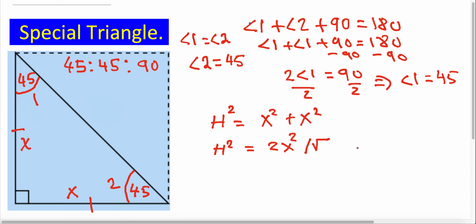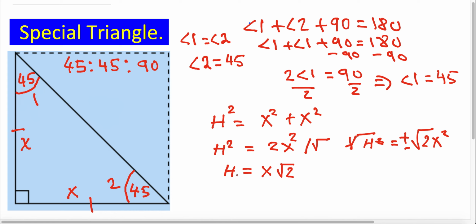If I'm squaring both sides, the square root of h squared is plus or minus the square root of 2x squared. This we can simplify, and h is equal with x times the square root of 2. I'm disregarding the negative sign because in geometry the length does not exist with a negative sign.